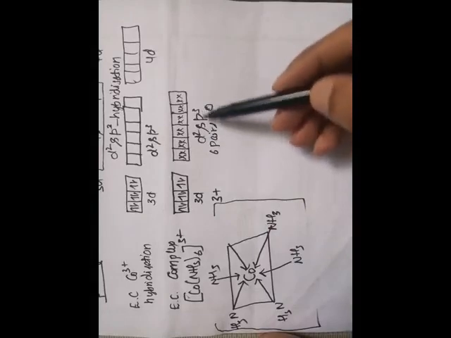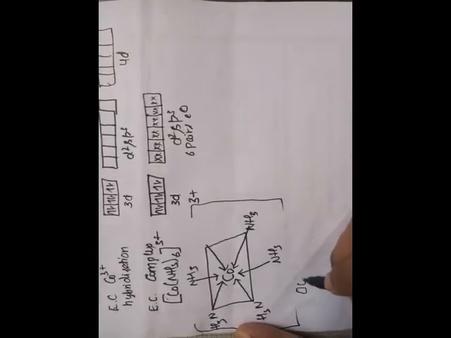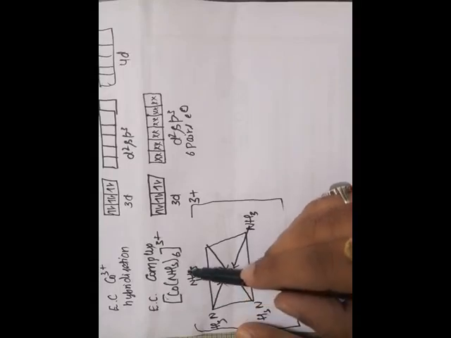This is a 3+ ion. Since the 6 hybrid orbitals are directed towards the 6 corners of a regular octahedron, the geometry of the complex is octahedral. So this complex ion, hexaamine cobalt ion, has octahedral geometry.